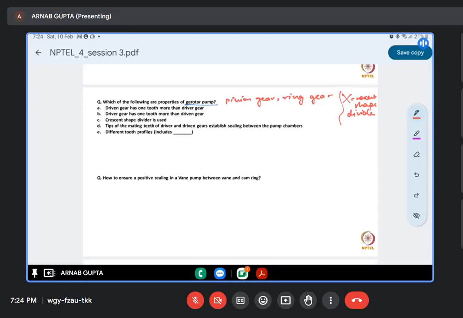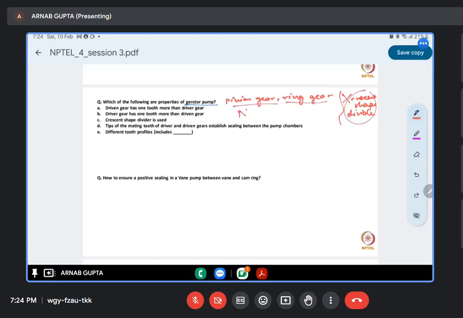So in case of G rotor pump, how do we overcome that particular problem, the backflow of liquid that was minimized due to this crescent shape divider? What we do is keep a very close fitting between the ring gear and the pinion gear.